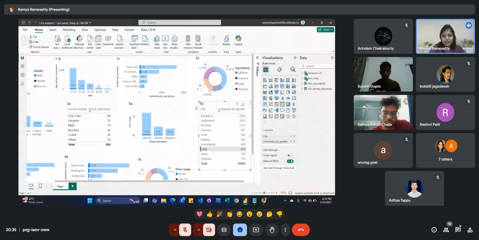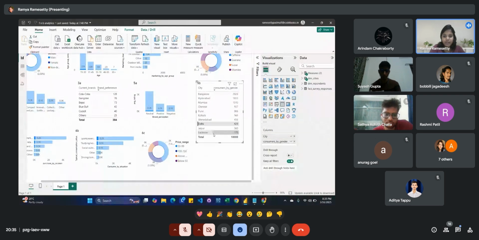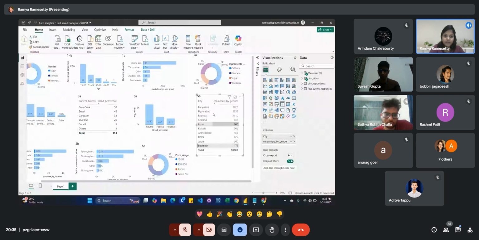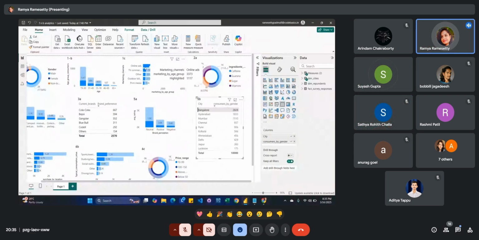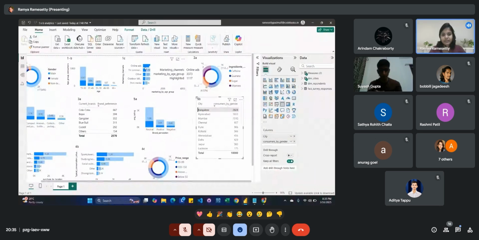What we can understand from this insight is that we have to focus on improving our online presence in these cities, because Hyderabad and Bangalore have a good online presence of the brands. If we improve this marketing strategy, then definitely the brand will improve its image in the smaller cities as well.